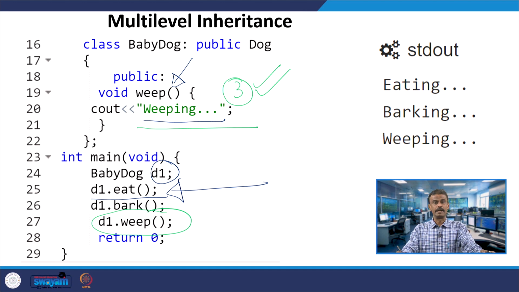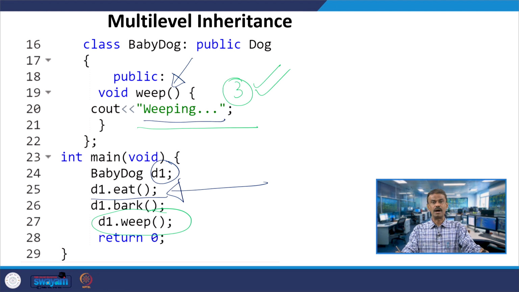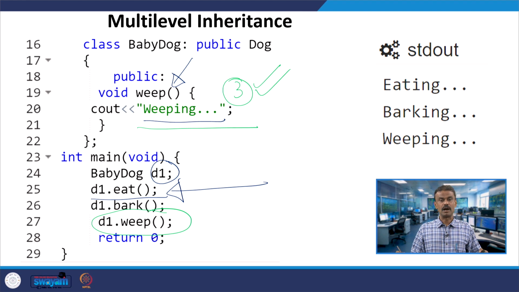D1 dot bark: D1 is created under baby dog, and baby dog is trying to access its parent class. In the parent class, dog, you have a member function bark. So bark is being printed, and the third one is weep, which is available in the baby dog class itself, which is being printed. This is how exactly multi-level inheritance works. I hope it is clear for everyone.